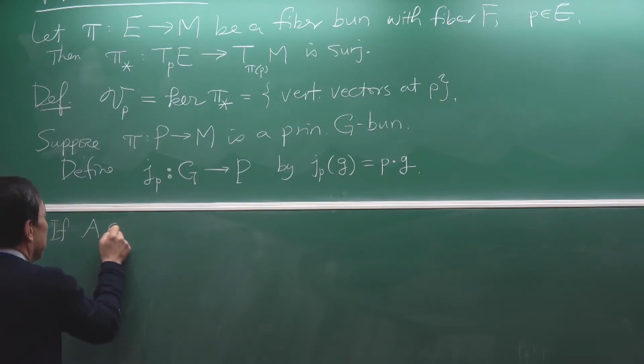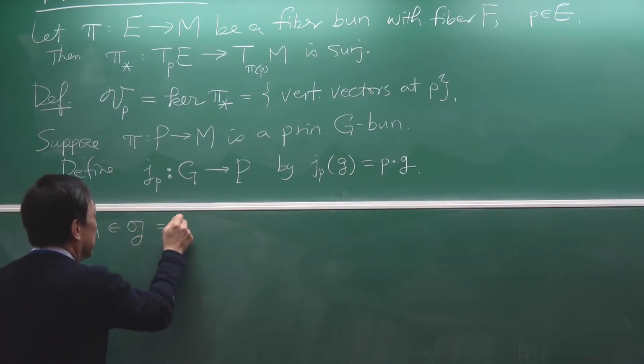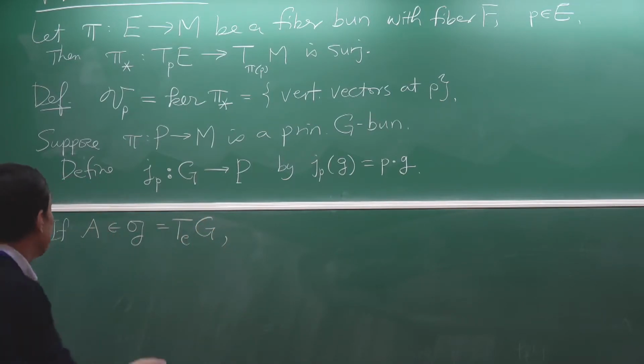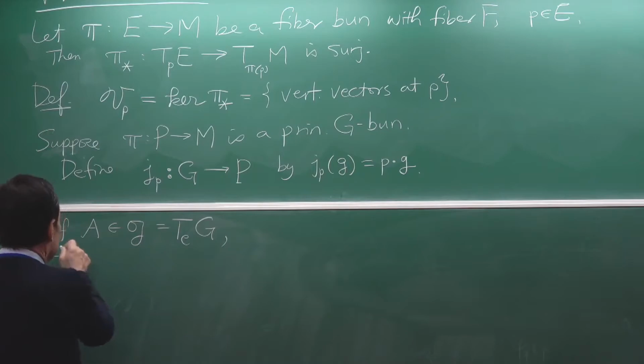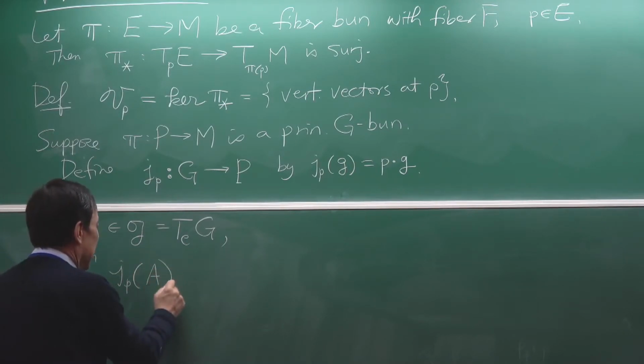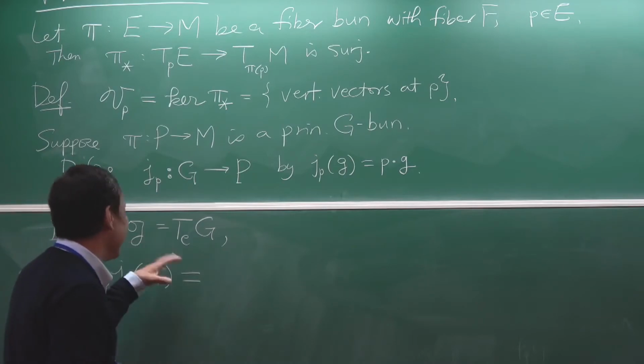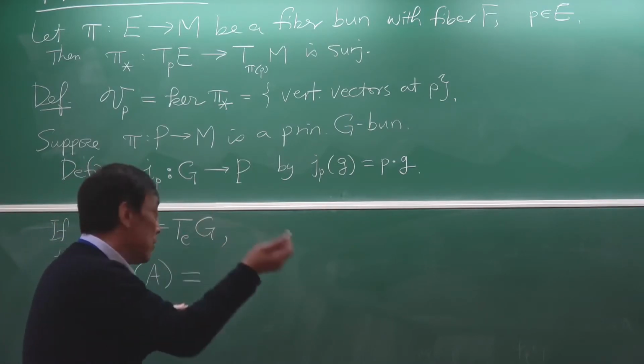If A is in the Lie algebra, that's the tangent space at the identity, then to compute the differential, you can use a curve.